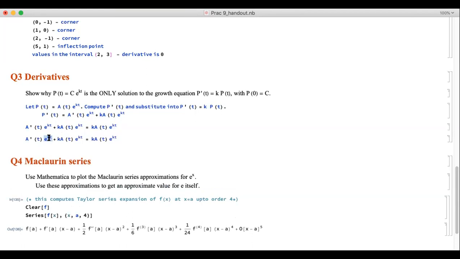I'm going to divide through by e to the power kt because that's positive. Okay. What does this mean?